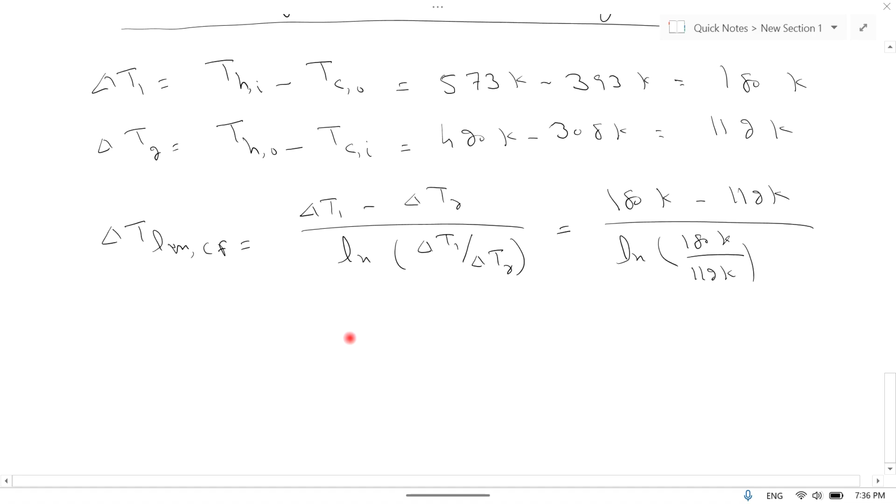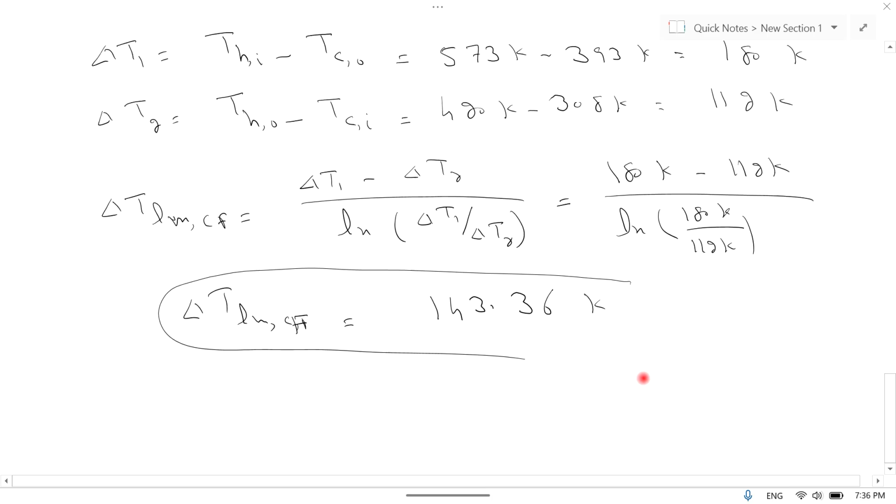This is a simple calculation. So log mean temperature difference per counterflow is equal to 143.36 Kelvin.